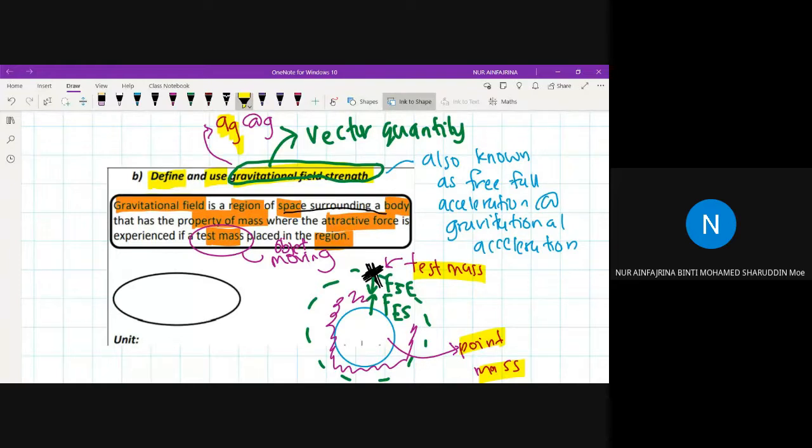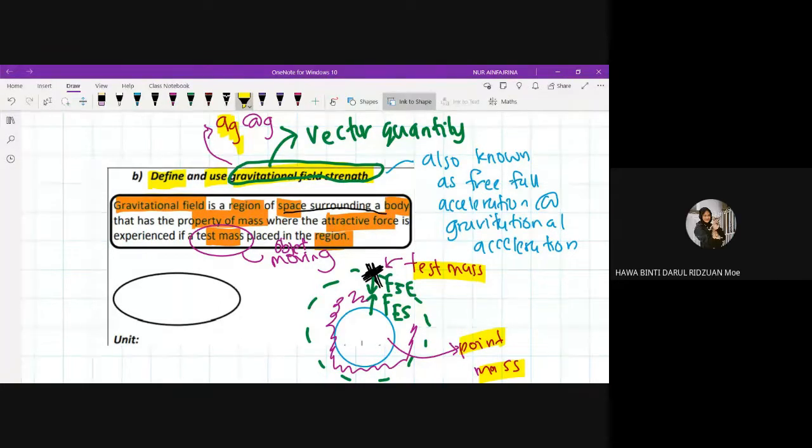Now which one is test mass, which one is point mass? Ada yang nak jawab? Test mass moon. Very good. Point mass akan jadi? Earth. Very good. You guys got the idea. Okay, another one. We have sun and earth. Kita ada matahari dan juga bumi. Yang mana test mass, yang mana point mass?